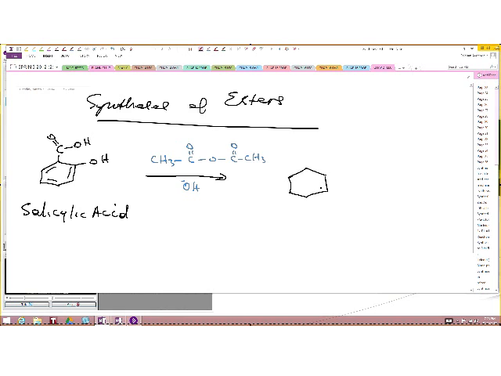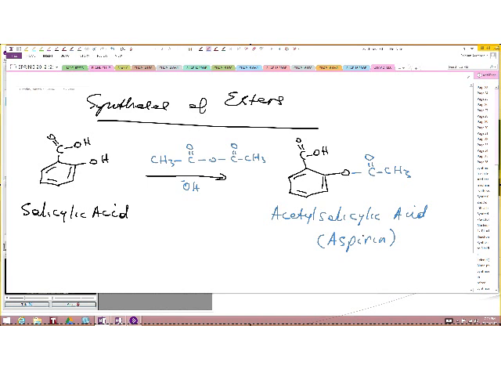We get aspirin, acetylsalicylic acid. And that is your famous aspirin.